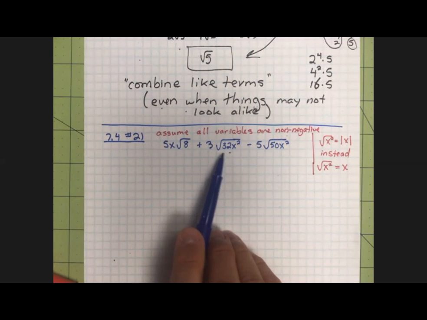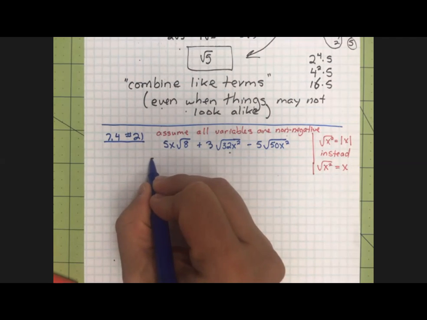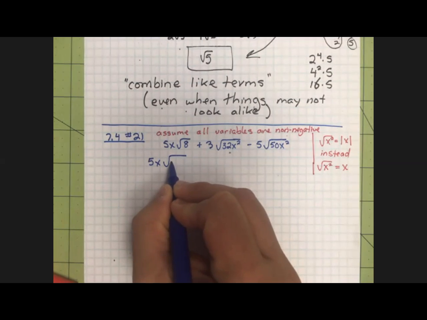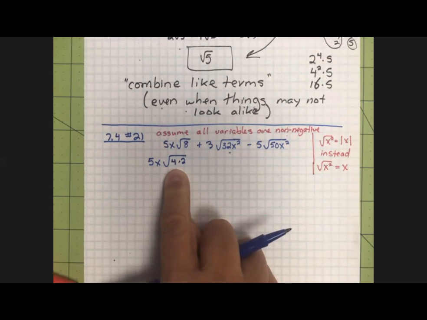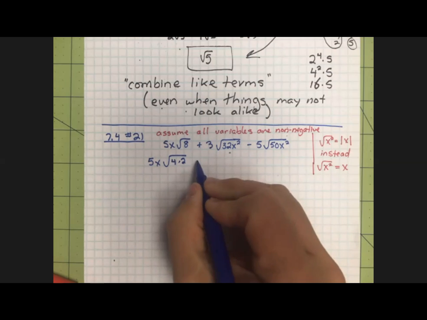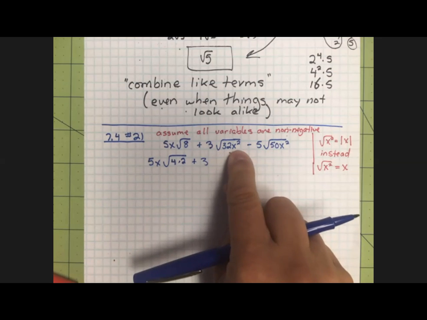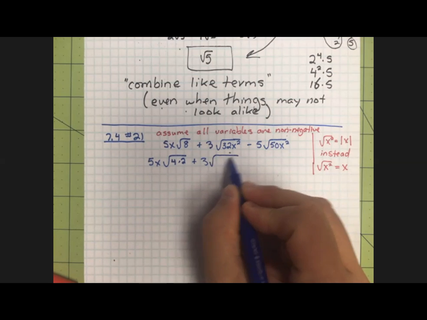But can I do even better with the numbers, right? What about 8 itself? There's a perfect square inside 8. So get ready to yank it out. What about in this second radical? There's 2 perfect squares. X squared is a perfect square, certainly, but so is 16 inside 32.